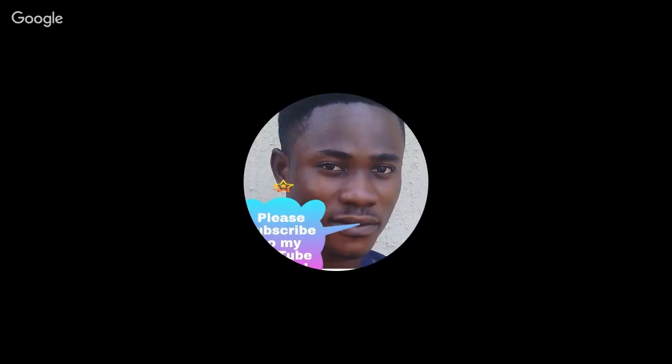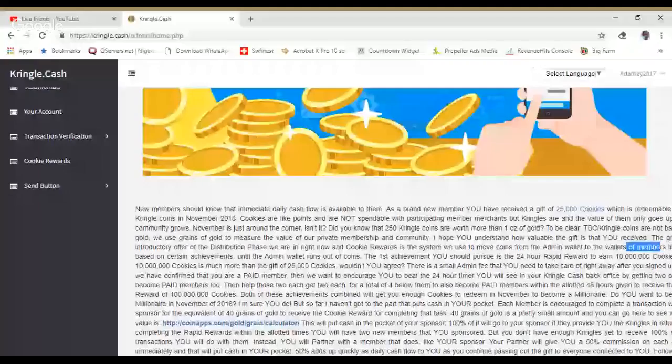It loads a lot of coins as a gift into your back office, which you can redeem in November. Before, when you bought $100 of TBC, you had TBC.